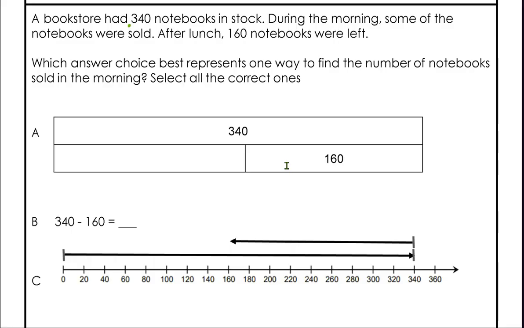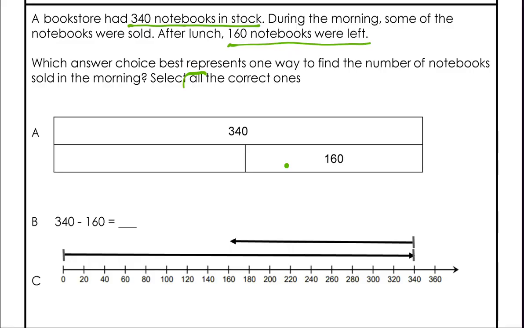So we had 340 notebooks in stock. Some of them were sold in the morning. After lunch, there was 160 left. Which answer choice best represents one way to find the number of notebooks sold in the morning?